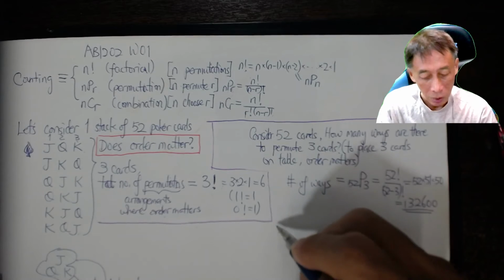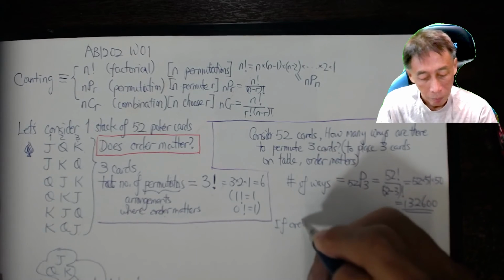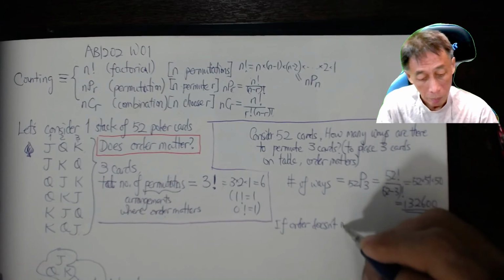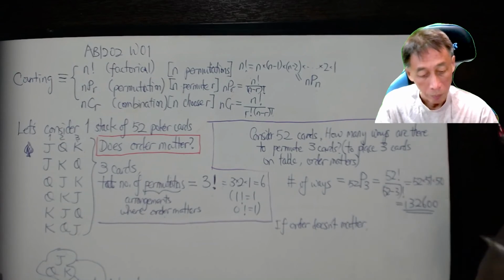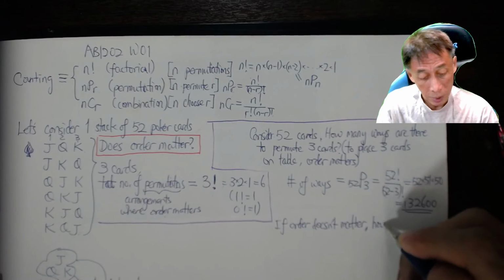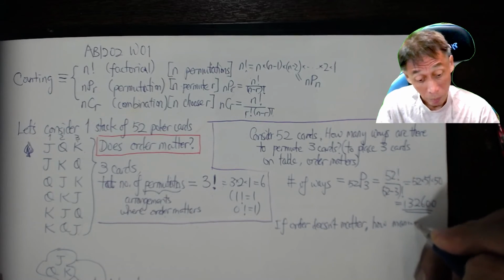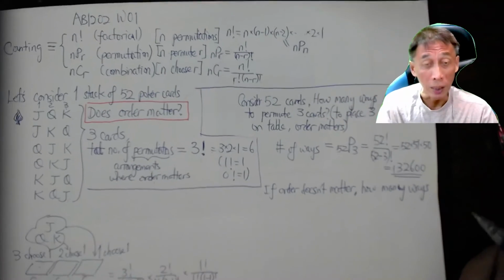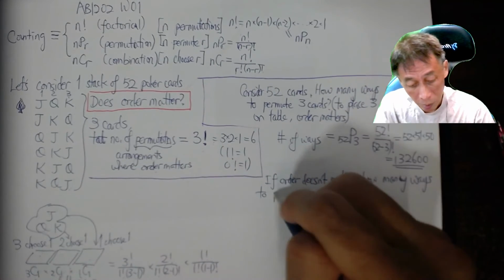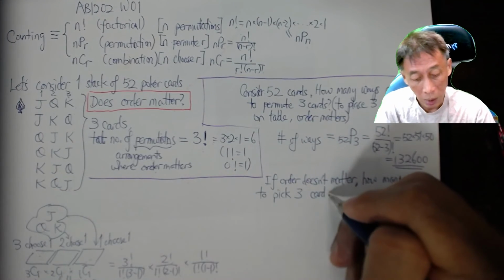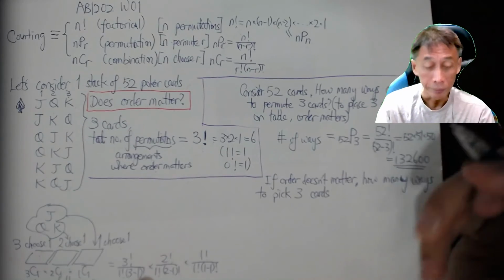And of course, if order doesn't matter, then how many ways are there to pick 3 cards? That means we don't care about the order.